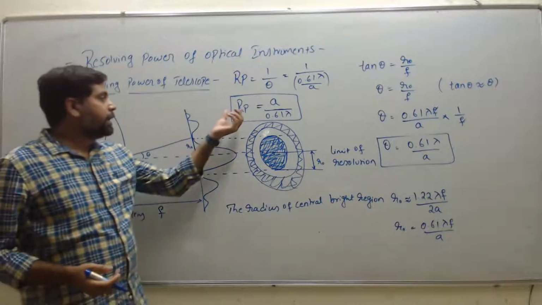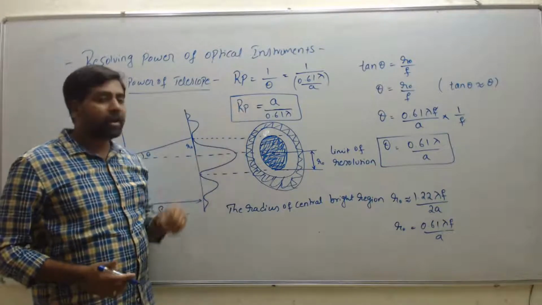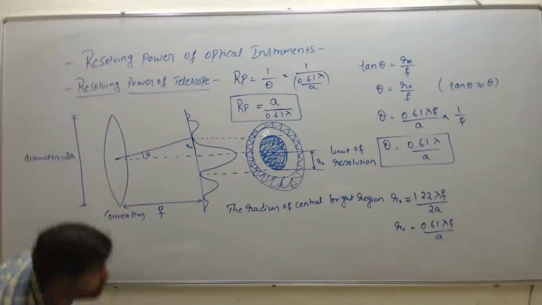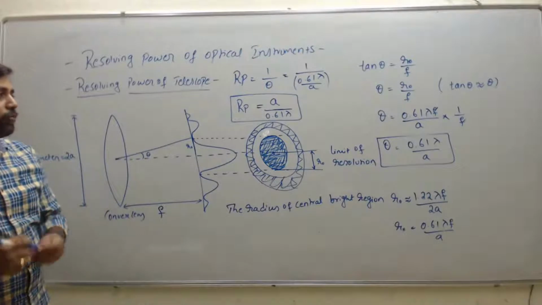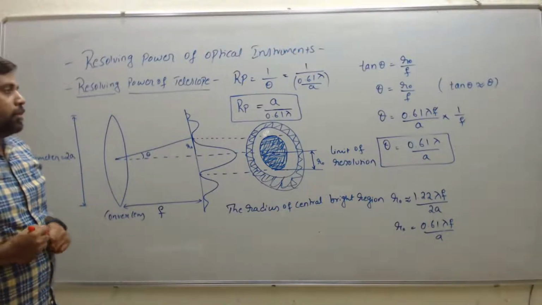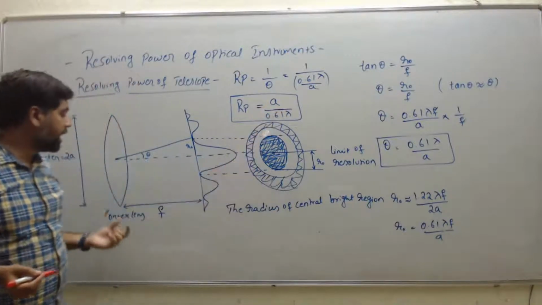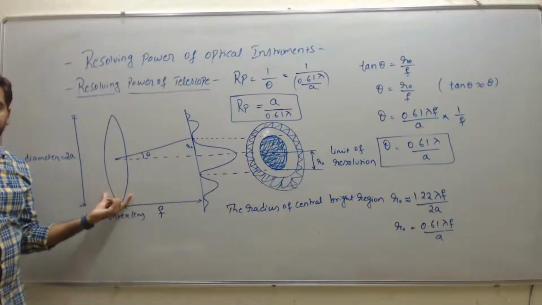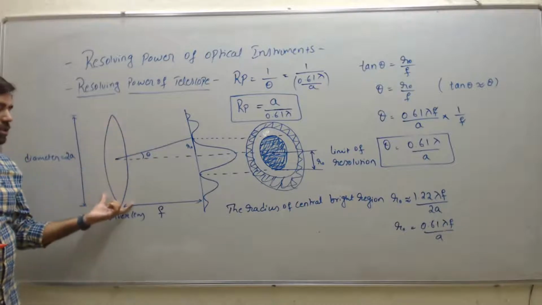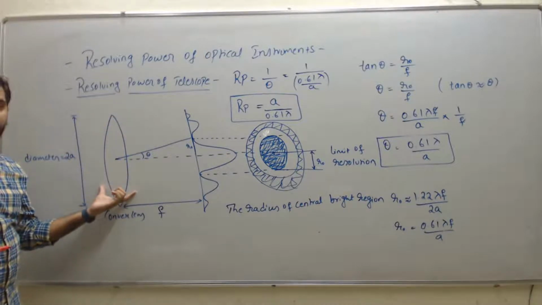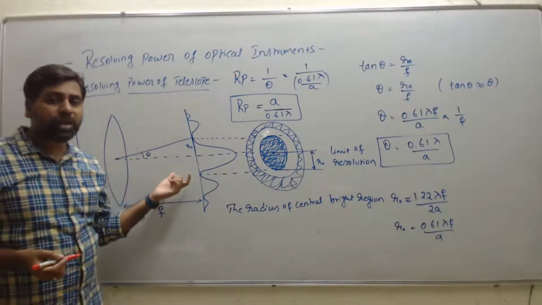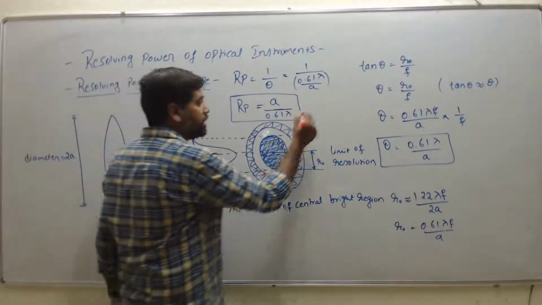So how do we increase the resolving power? If we increase the diameter of the objective lens, hence in the telescope we have a larger aperture of the objective lens compared to that of the eyepiece.